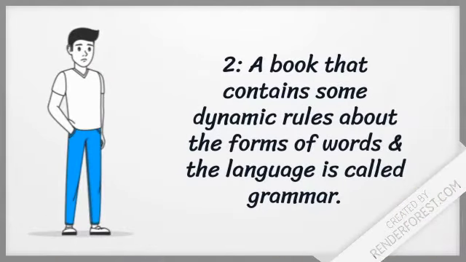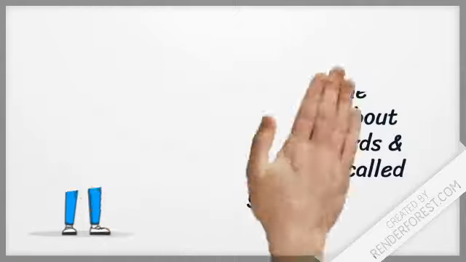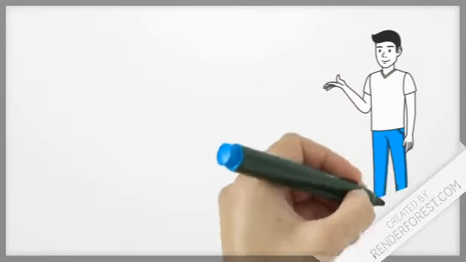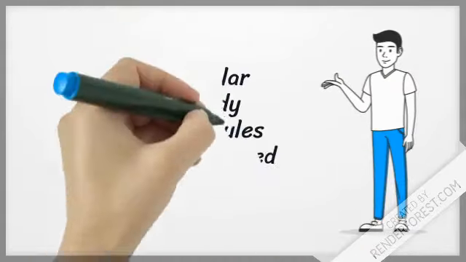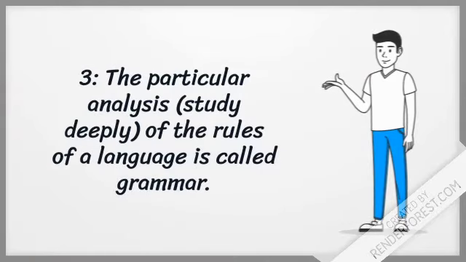A book that contains some dynamic rules about the forms of words in the language is called grammar. 3. The particular analysis, study deeply, of the rules of a language is called grammar.